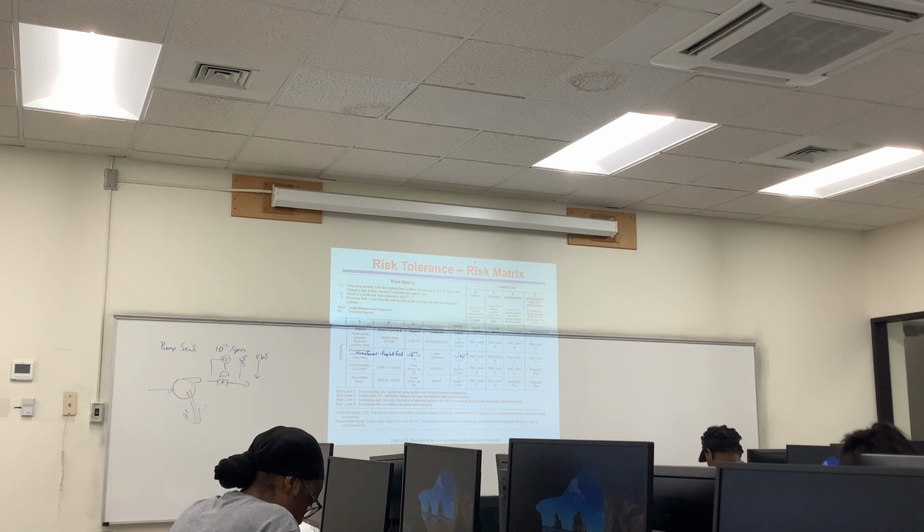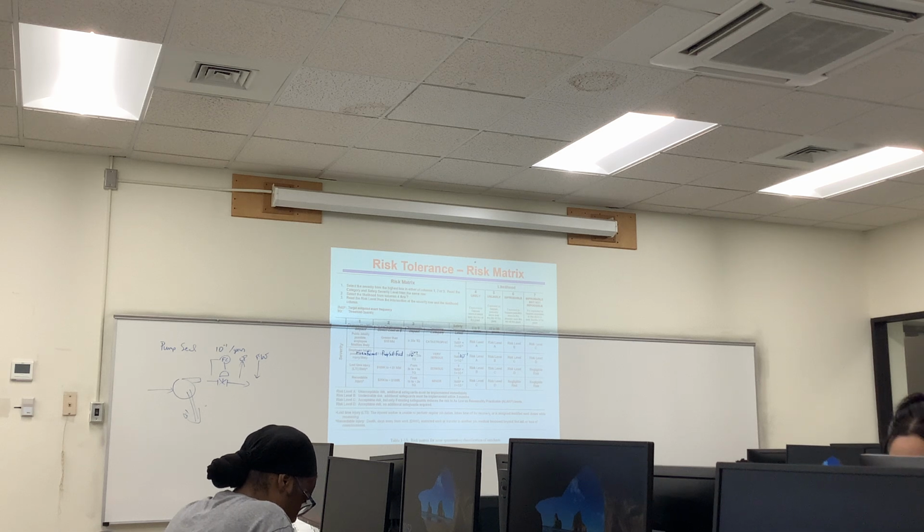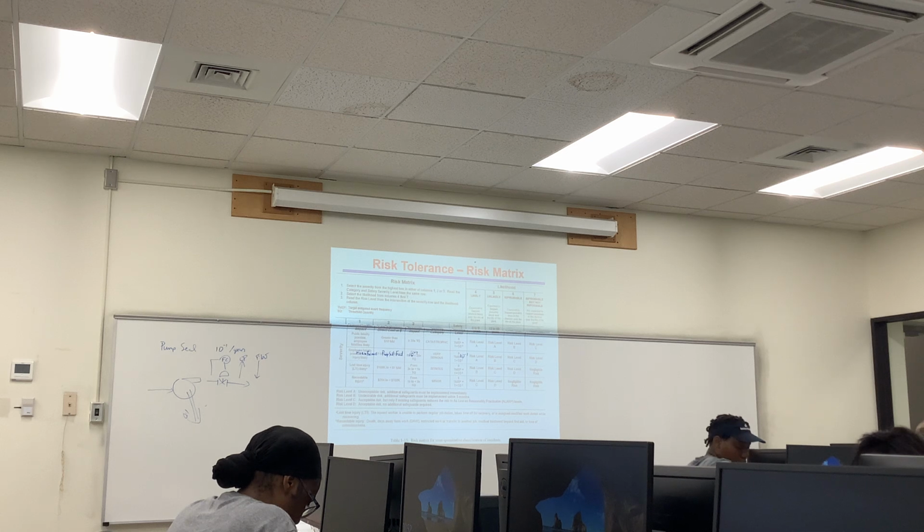If we expect it to happen once over the life of the plant, no additional safeguards required. On the other hand, if we expect it to happen several times over the life of the plant, then maybe you need something.